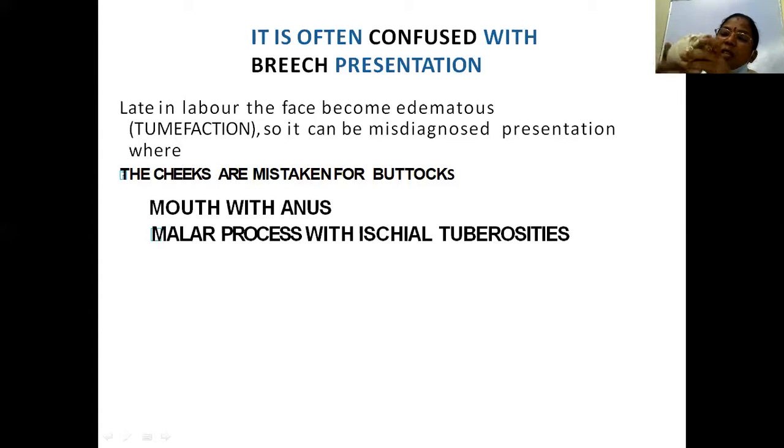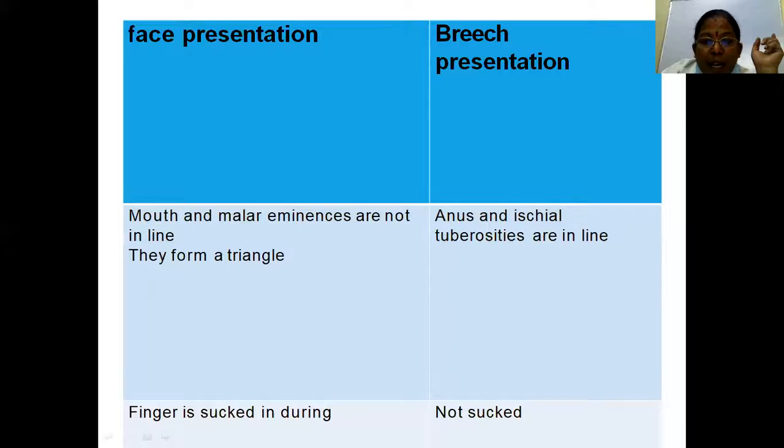The cheeks will be mistaken for the buttocks, the mouth for the anus, and the malar prominences for the ischial tuberosities. So in late labor, there can be confusion between face presentation and breech presentation.